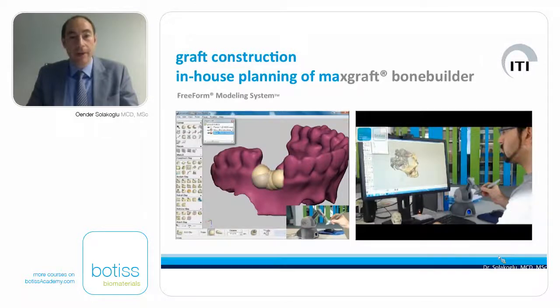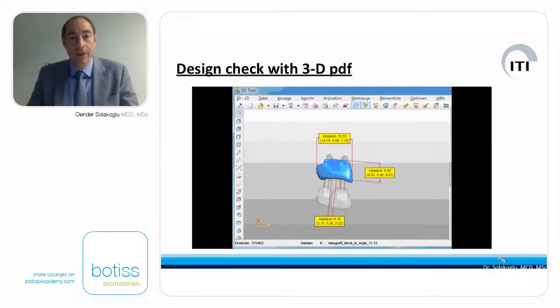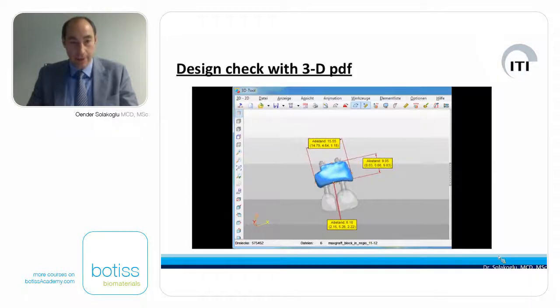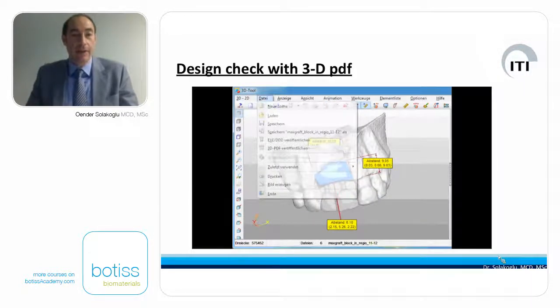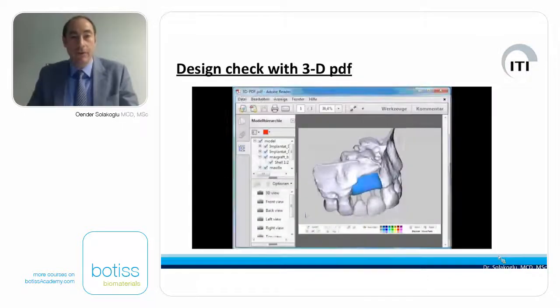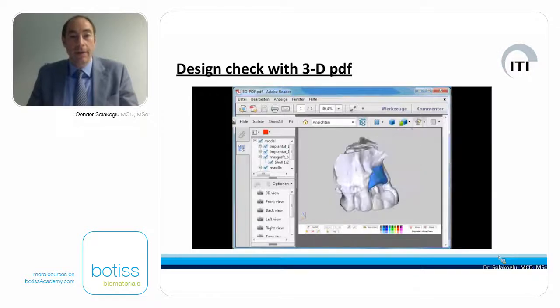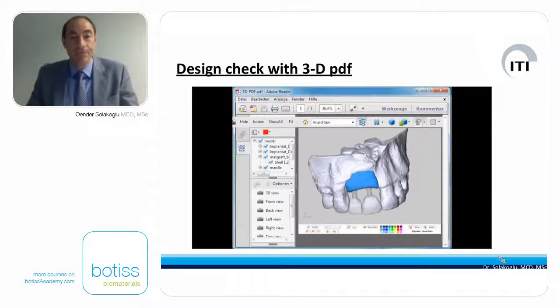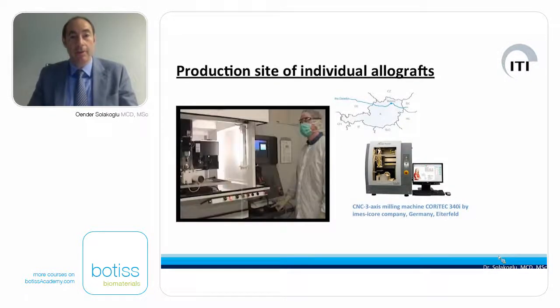And then after that's done, it will be sent to you as a 3D PDF file, and you can have a look from every angle, and even with crowns, with implants, without the surrounding bone, with the surrounding bone, and then you can give your okay, or you can have some modifications done, and then basically once it's agreed on, it will be fabricated, will be milled.